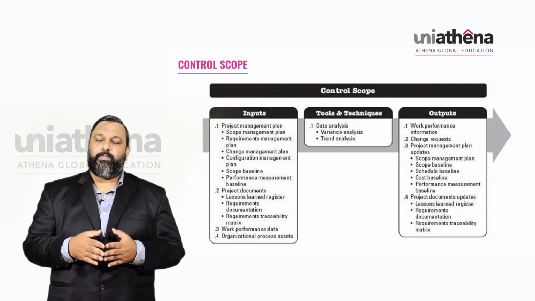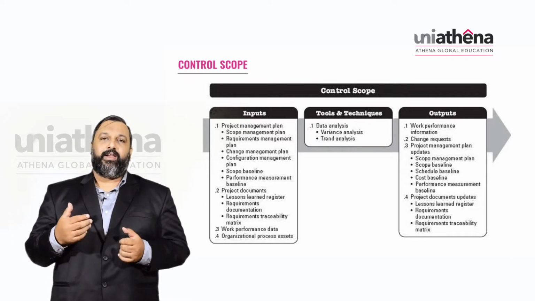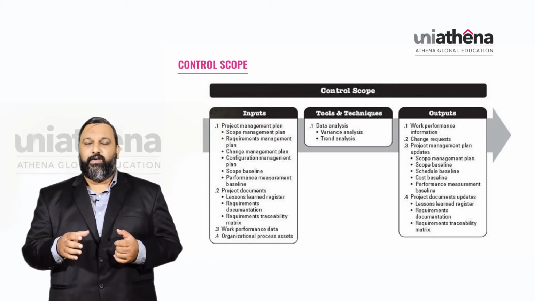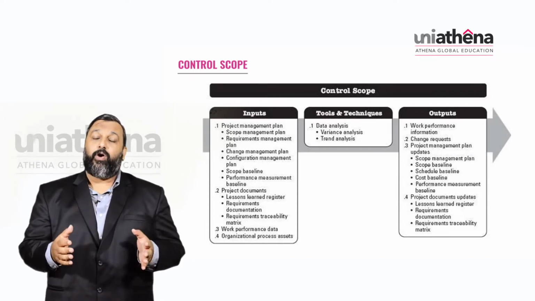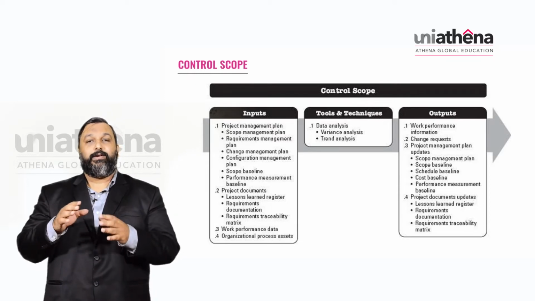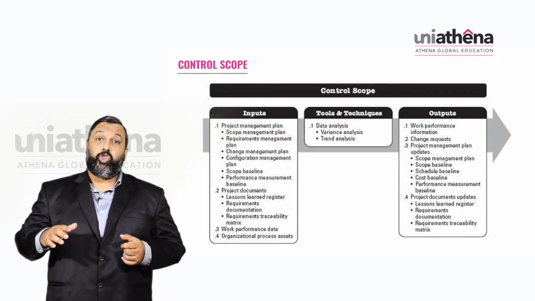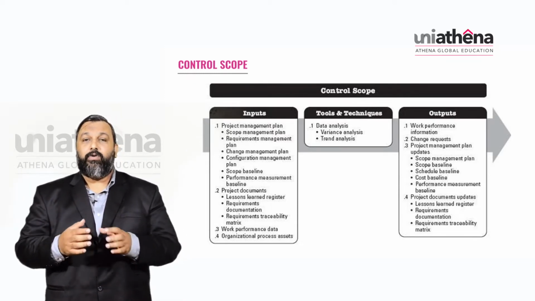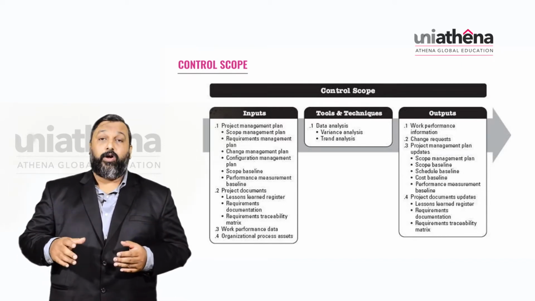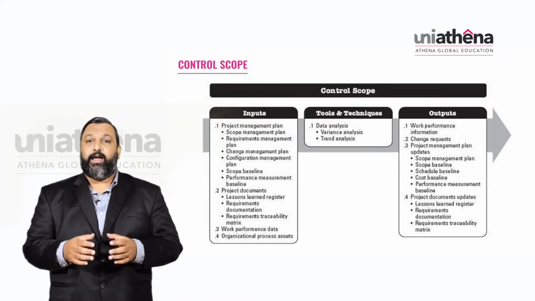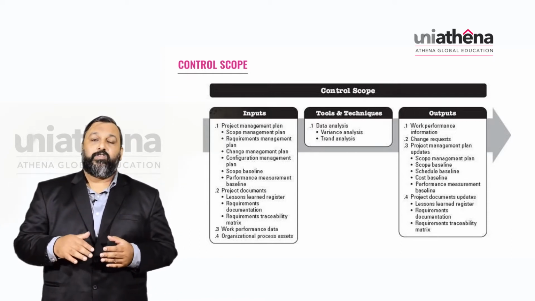Project management plan means you have the scope management plan where the scope is clearly defined, and then the requirements management plan where all the requirements required for the project are clearly documented. Then you have the change management plan, how to handle the changes. The configuration management plan, how the configurations are supposed to be carried out.